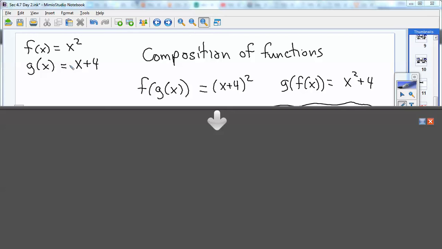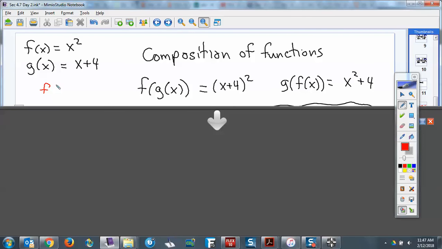What would we do first? If I said to do f of g of 3, what would you do first? You'd plug a 3 into the g function, you'd get an output, and then you would take that output, it would become the input for the f function, right? And then you would get your final output. So your final output's going to come from the f function.